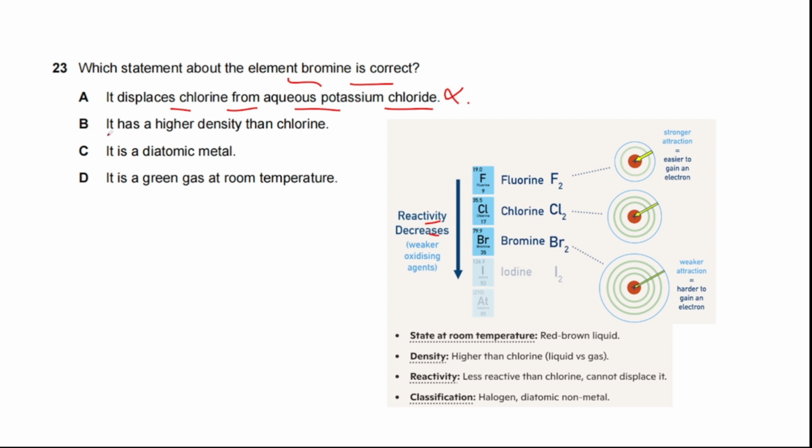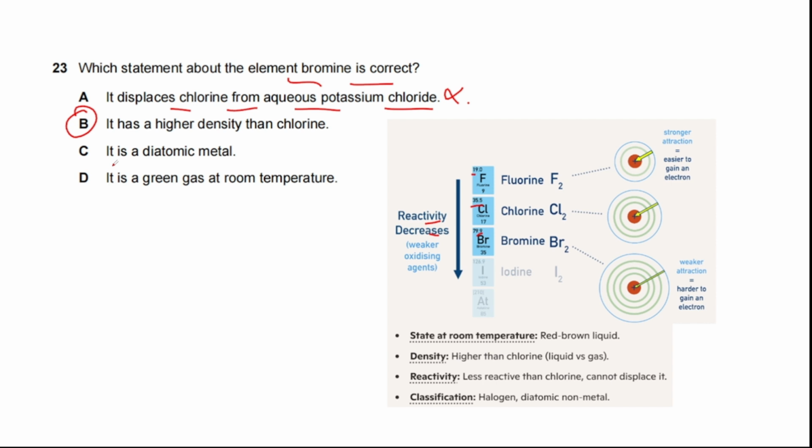Then option B, it has a higher density than chlorine. That's actually the correct option, because as you go down the group the mass is increasing, like 19, 35.5 and 79.9. So the number of protons is increasing as you go down the group, and the density is higher.